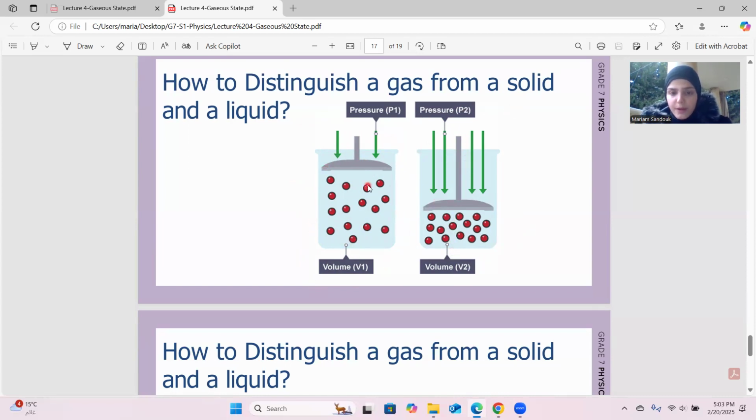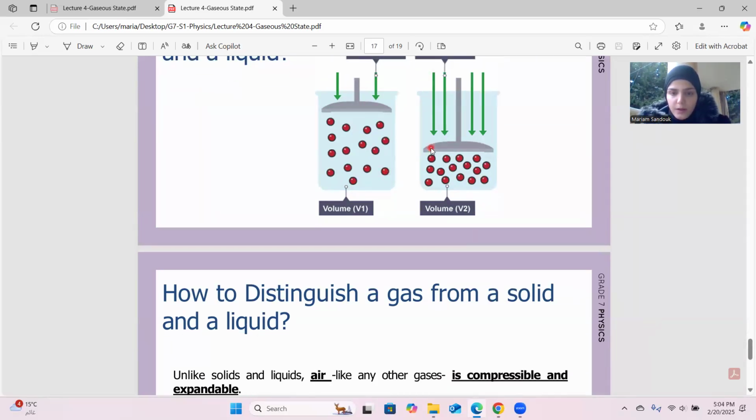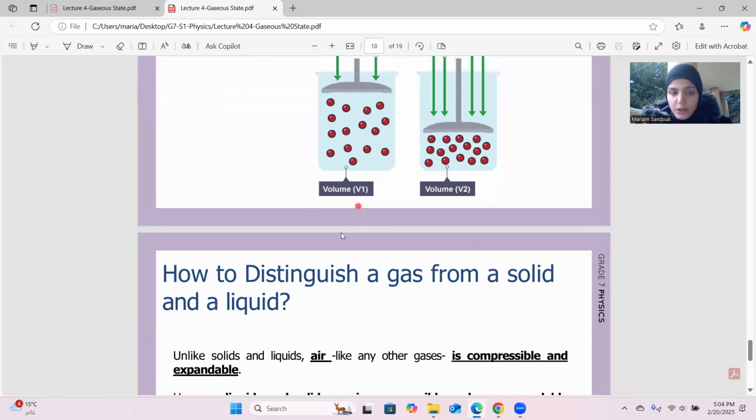What differs from here to here? These particles became closer to each other, right? So unlike solids and liquids, air is compressible and expandable. So we can compress it, and we can expand it.